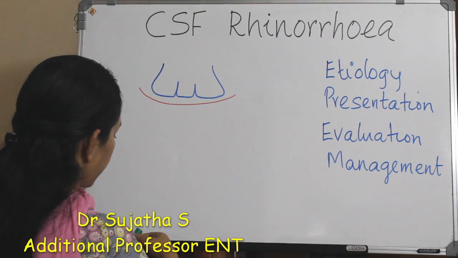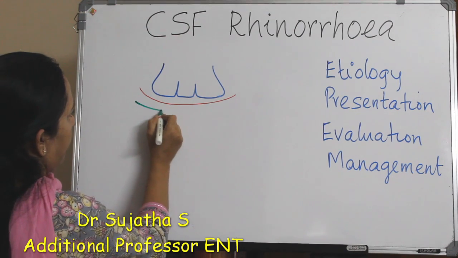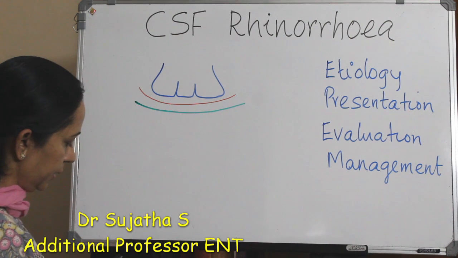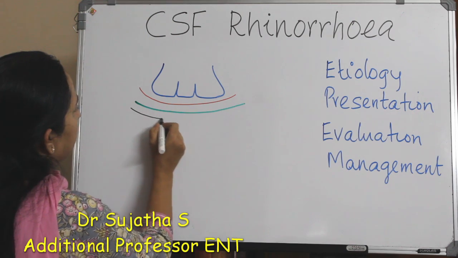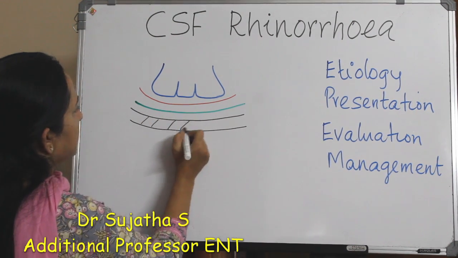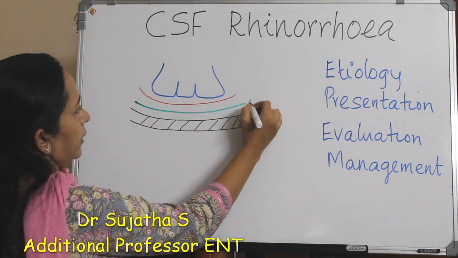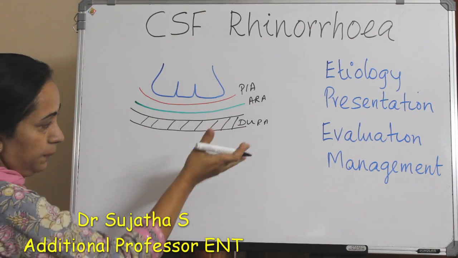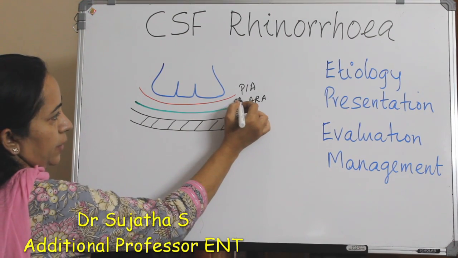Then over that there is arachnoid, and over the arachnoid there is dura mater, and this dura is the thickest covering. So dura, arachnoid and pia.